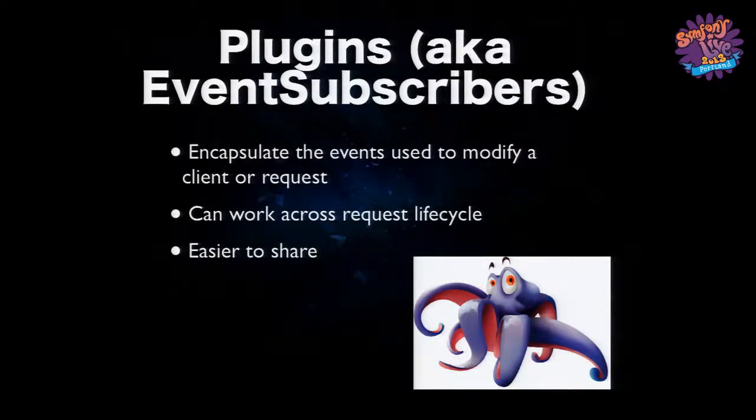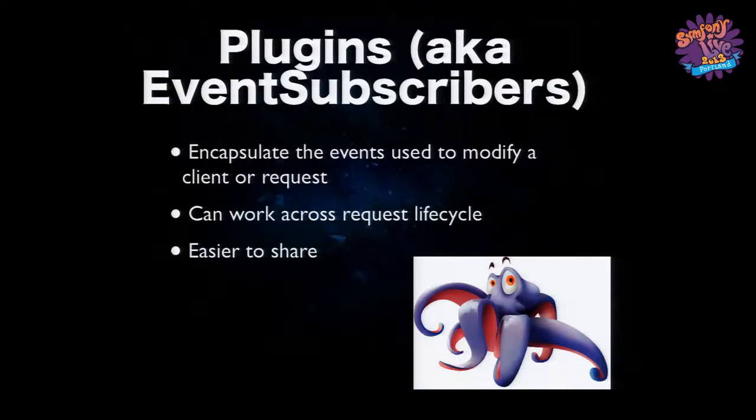So I mentioned event listeners and event subscribers, but I'll tell you what a subscriber is. A subscriber is a way that you can encapsulate what your behavior modification does. With listeners, you register and give it an anonymous function or a callback, but you might have to do multiple things with that listener. Say you're doing that auth thing we talked about.